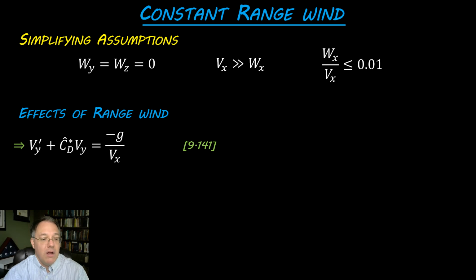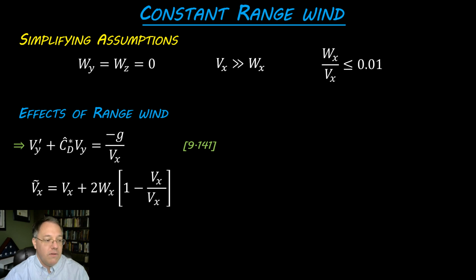So it relates how fast we go up and down to how far downrange we are, taking into account drag. That leads us to this v tilde x, just studying the x direction here, being equal to equation 9.144.